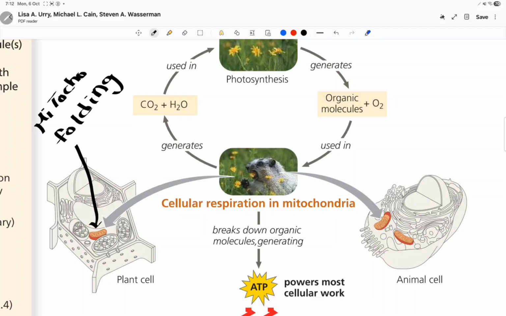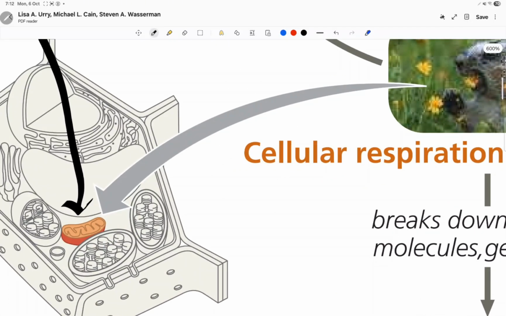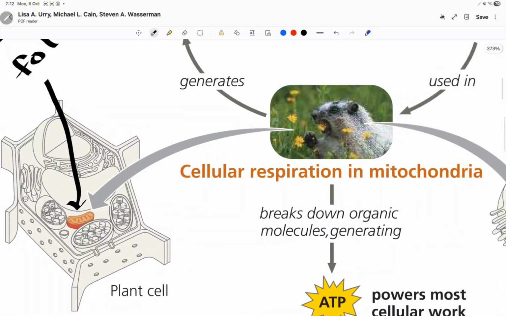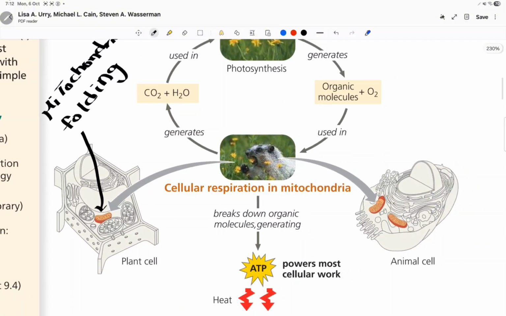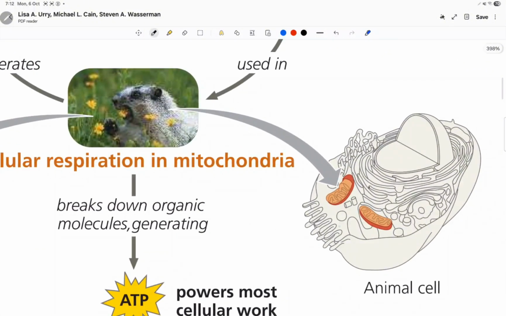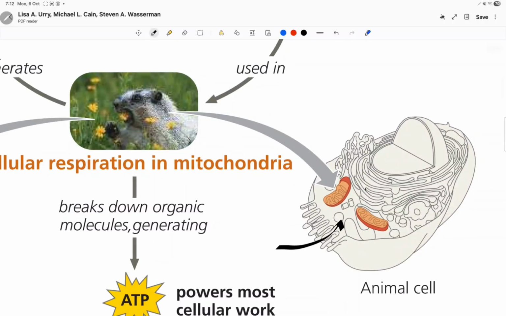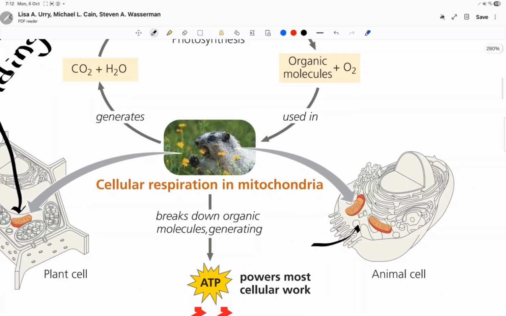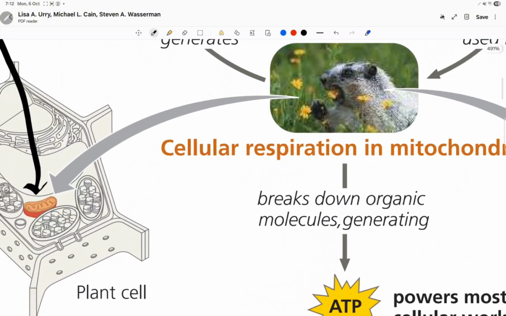Loki looks like a lysosome though. Look at all that folding. Where's the lysosome? It is not shown on the animal cell. That looks like a vesicle.